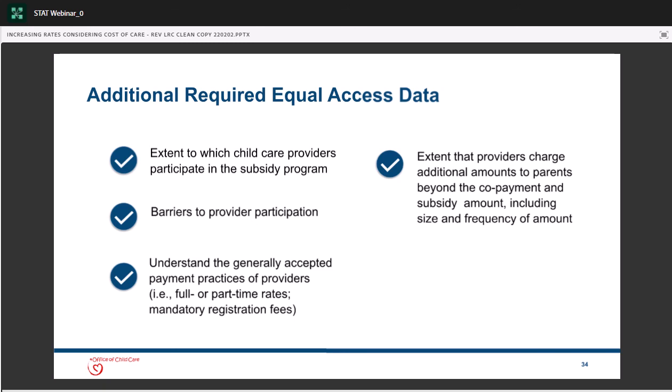Two key areas that I just want to highlight here are, if your policies allow providers to charge parents beyond the subsidy reimbursement and co-payment, what many of us refer to as the hidden co-payment, you need to determine with data, not a gut check or with anecdotes, the extent to which that's occurring and be able to address this in your CCDF plan, including data on the size and frequency of these amounts. If you do allow this practice, you'll also need to provide an analysis of how this doesn't impede access and promotes affordability for the families we serve.